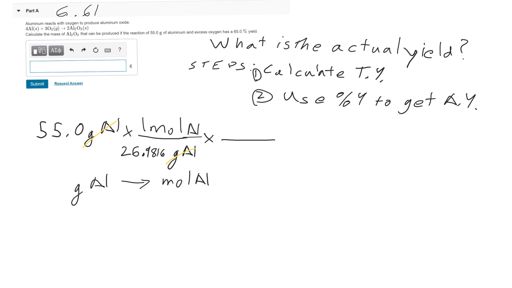Now we don't want moles of aluminum. We're interested in aluminum oxide. So we go to our chemical equation and we look at that ratio where it tells us 4 moles of aluminum to 2 moles of aluminum oxide. So for every 4 moles of aluminum we have, we can produce 2 moles of aluminum oxide.